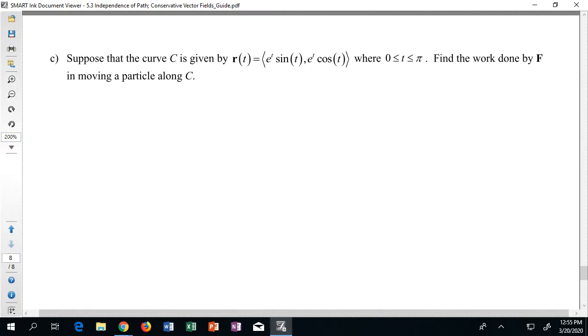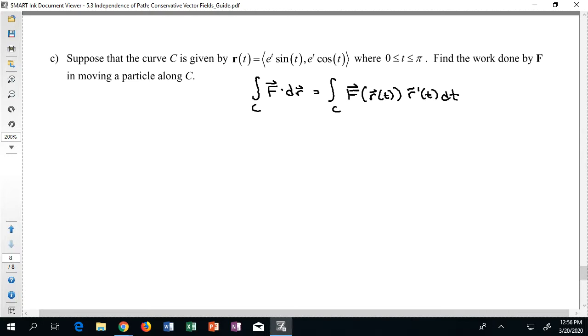Now, of course, I could start to set up my work integral like I've done in many of the previous sections, but I can start to see just how terrible this would be if I proceeded by doing an f dot dr, writing down my f and plugging in my r, and then actually doing my r prime, and then doing my dt.